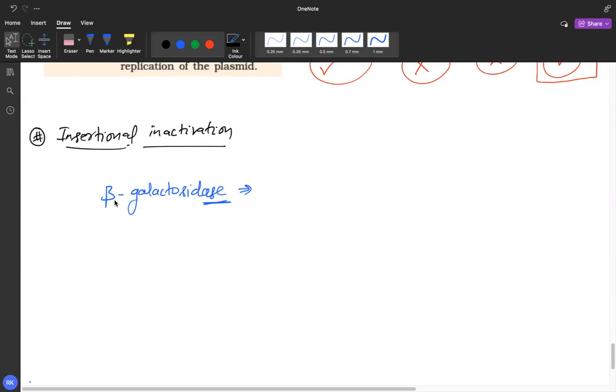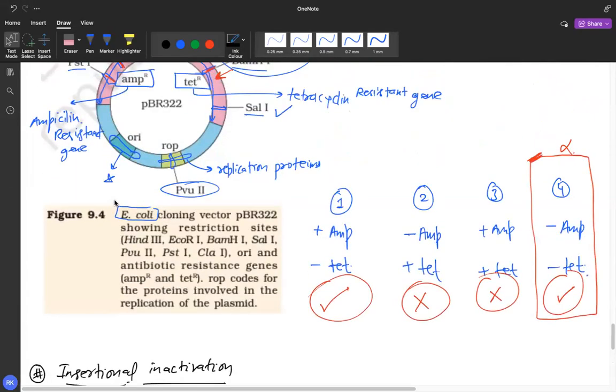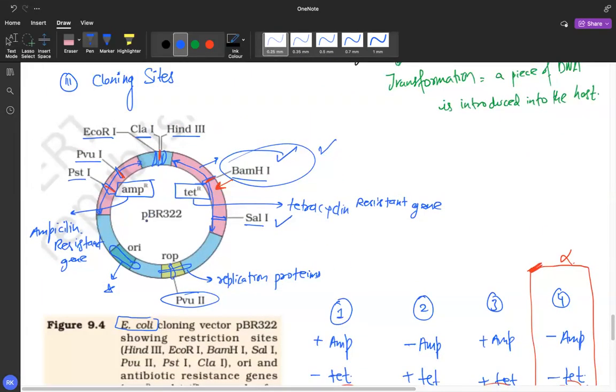Not all plasmids are named in the same way, but I think pBR is named so: P is for plasmid, because it's a plasmid group of DNA, and I think B and R stand for the discoverers' initials.